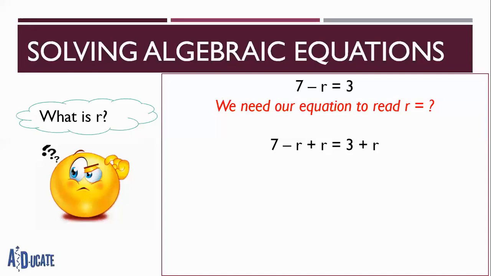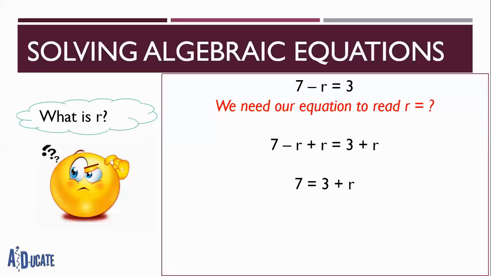So if we don't want a minus r on the left, we need to do a plus r to get rid of that. Because we did a plus r on the left, we have to do a plus r on the right. So now we have 7 minus r plus r is equal to 3 plus r. Now a minus r and a plus r together cancel each other out. That now becomes nothing.